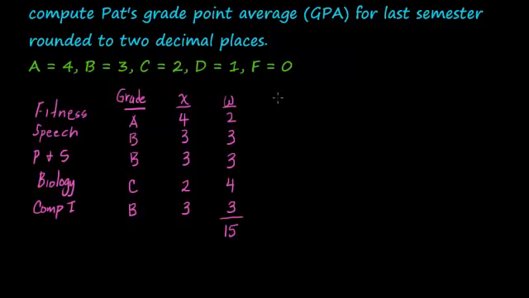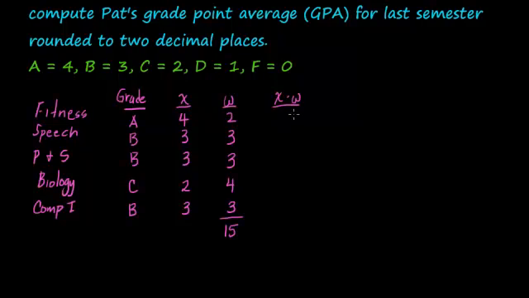Okay, so just as we did before, we want to calculate these values that are assigned to the letter grades times the weights. Remember last time when we were calculating an average in a course, Pat's values were his averages for his final exam, for his quizzes, and for his homework.